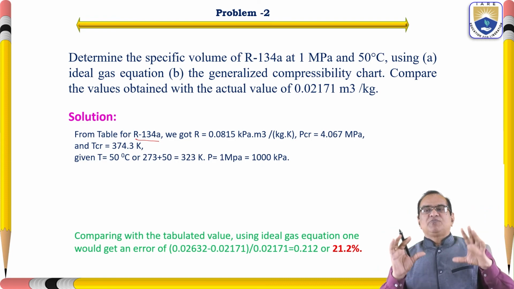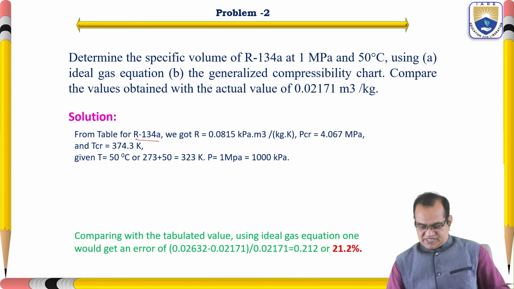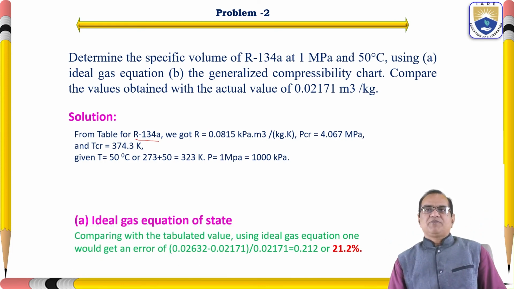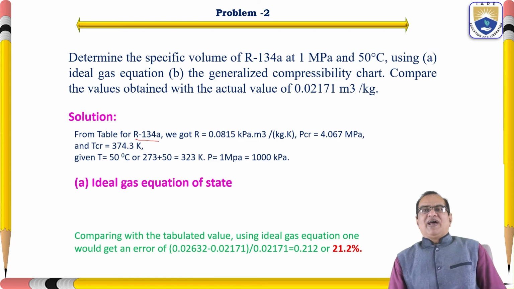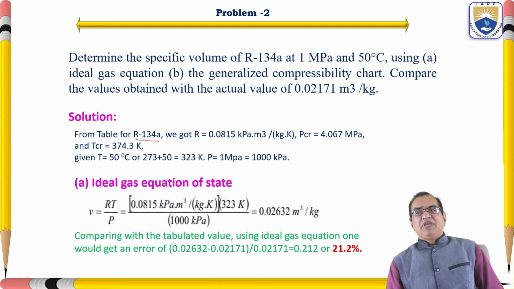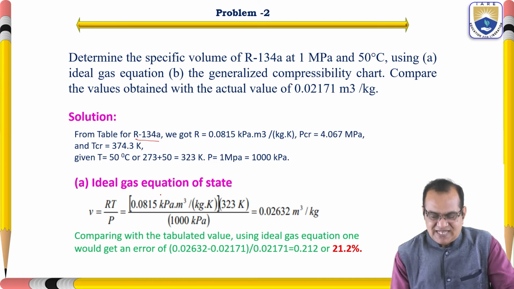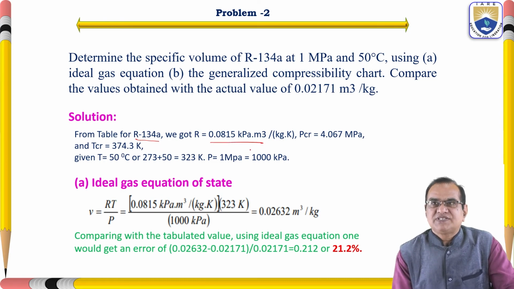Every parameter should be in kilopascal, not in pascal or megapascal. That we have to keep in mind. For the ideal gas equation of state, we have PV is equal to RT. From here R is given.